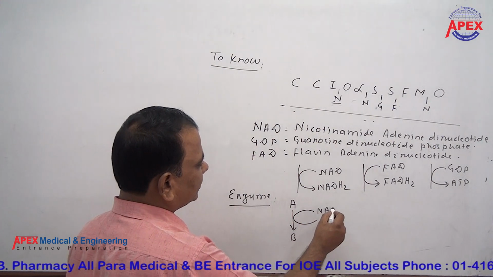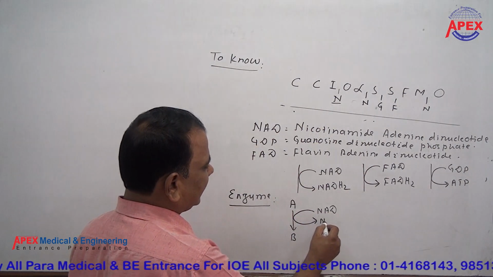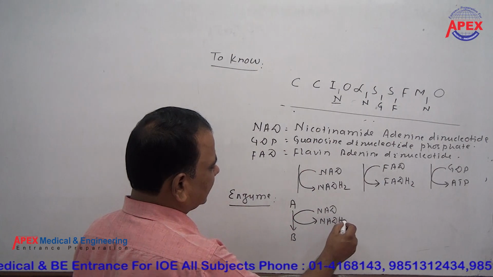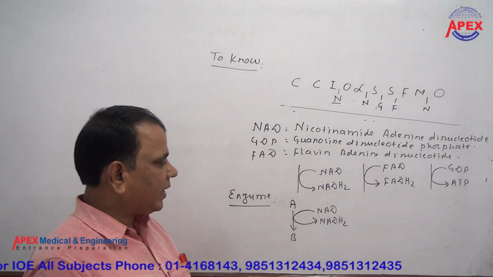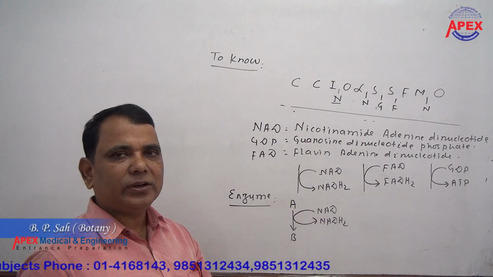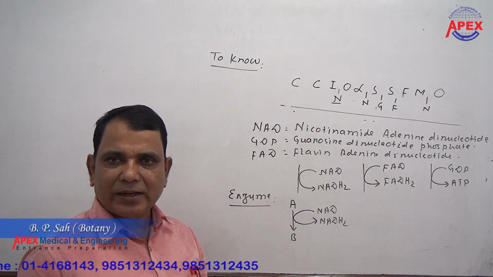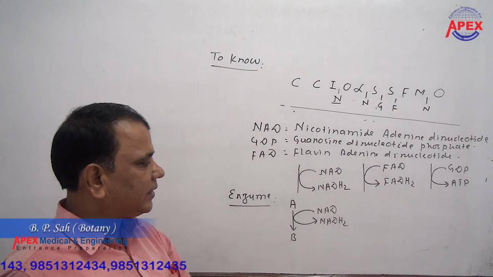NAD comes and releases NADH2. है त जानु यहाँ A र B को बीचमा के छ NAD आयो र के निस्क्यो NADH2, राइट? कुनै आपत्ति छ यसमा? पहिला नै भनिसकेको छु मैले, राइट?